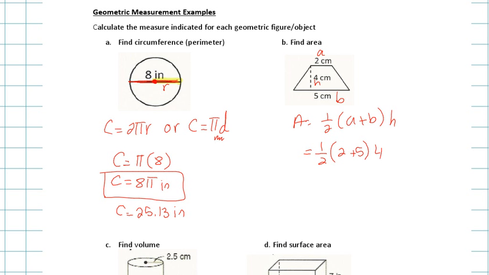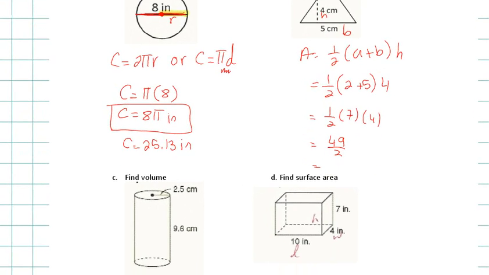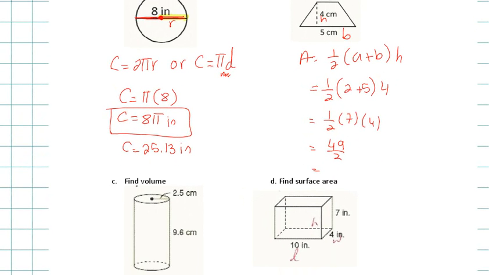The first thing you have to do is the bracket. So 2 plus 5 is 7. So it's a half times 7 times 4. That's 49 divided by 2, which is 24.5.